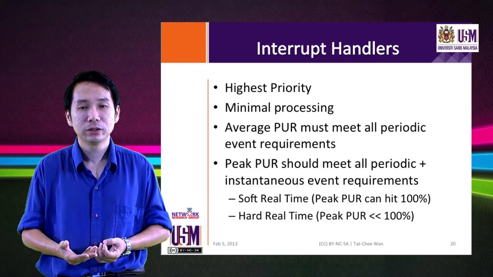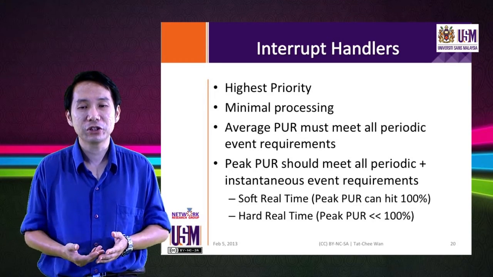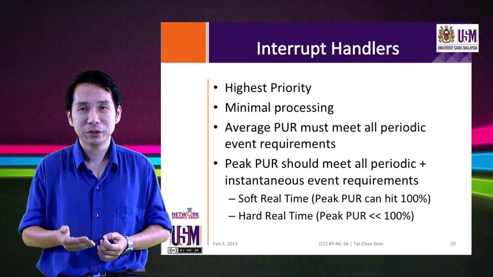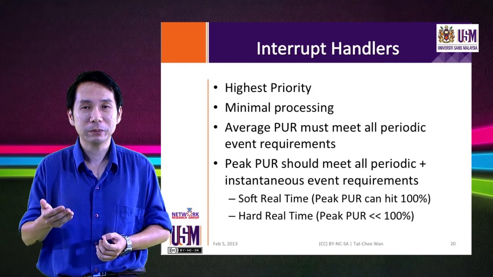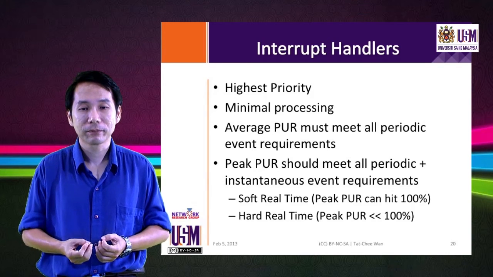So this will increase the system latency and the response time if an interrupt handler takes up too much processing time. On the other hand, the average processor utilization ratio must meet all periodic events requirements, meaning that any system periodic event has to be able to be processed within the available CPU cycles.